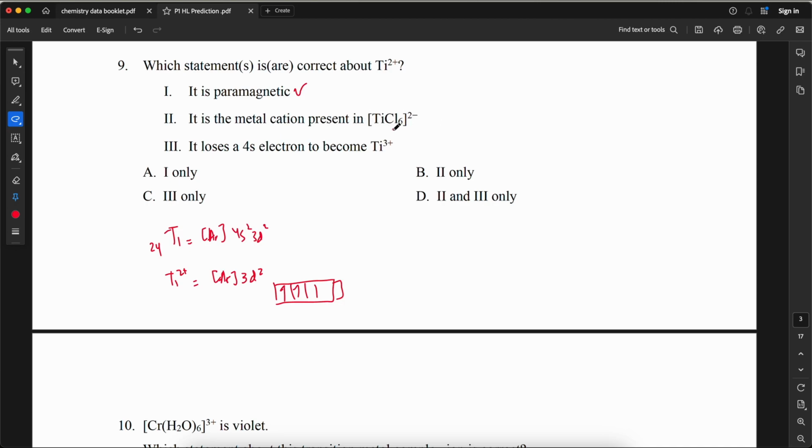This would be negative 6 from Cl and then equal to negative 2. So this should be plus 4, right? So it's not 2+. So option 2 is incorrect. It loses a 4s electron to become Ti3+. It should lose one more electron from d to become Ti3+, not from 4s. Therefore, the answer is only 2.